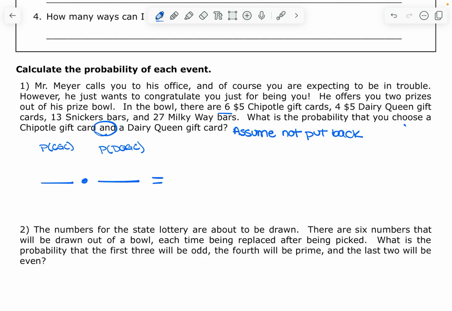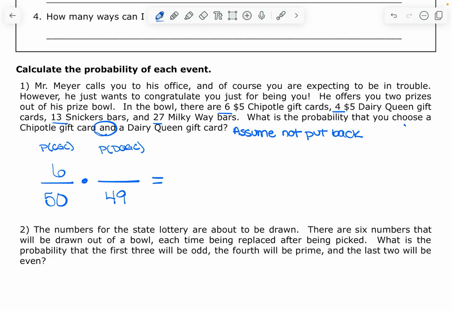I know I have 6 and 4, and then 13 and 27, so I have 50 total items in this prize bowl. Chipotle gift cards, there are 6 of them I can pick from. Now assume I picked up a Chipotle gift card and put it in my back pocket. When I reach into that prize bowl, there are only 49 options left to choose from because I took one out already. And now we want a Dairy Queen gift card.